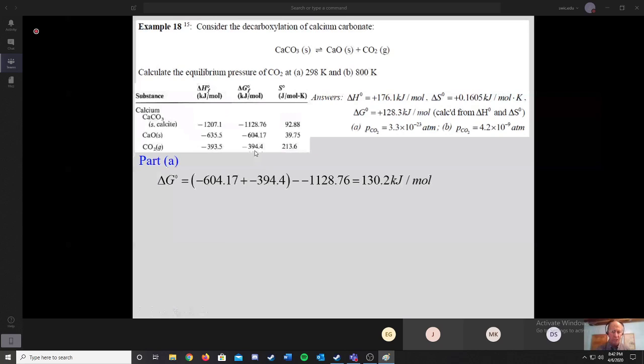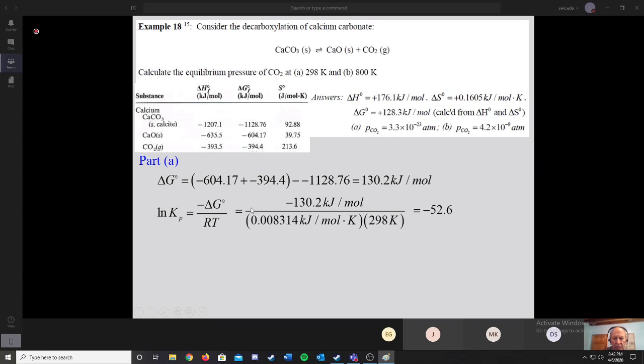So we add those up and subtract what the reactant value is, and we end up with 130 kilojoules per mole. And now that we know delta G, we can get the equilibrium constant using log Kp equals minus delta G over RT. So we plug all that in and we get minus 52.6.